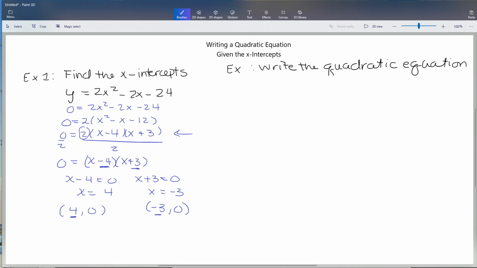Okay, so let's look at a second example of writing the quadratic equation. Okay, so we're going to have our x-intercepts at (2, 0) and (-4, 0), and our other point (6, -40).